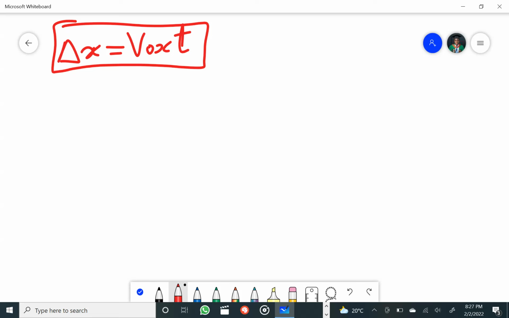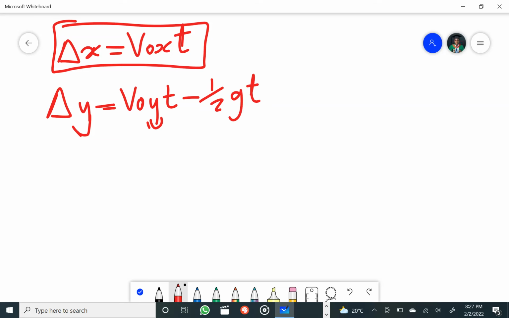Having done that, one other thing we want to understand is the concept of the y displacement. The y displacement is going to be the time, and remember it's now negative because we are now using g. This is the change in displacement, so there is displacement final and displacement initial.